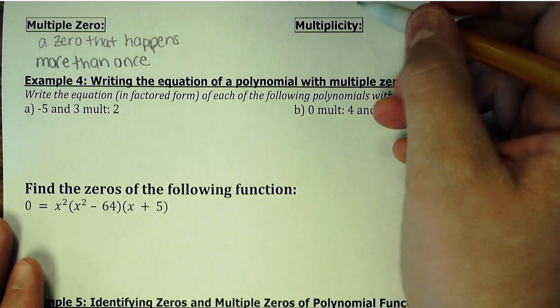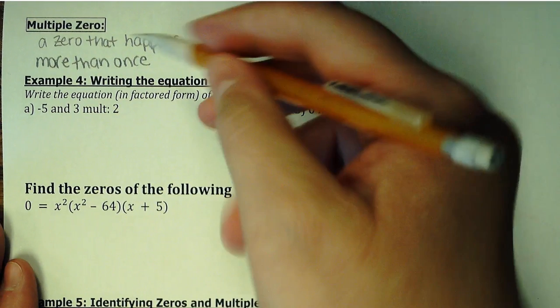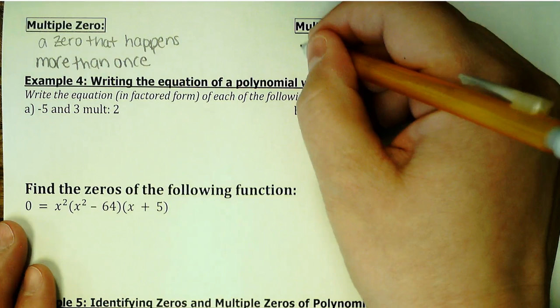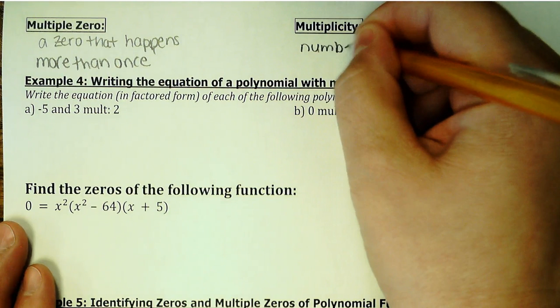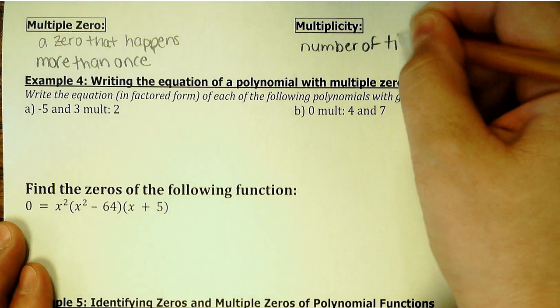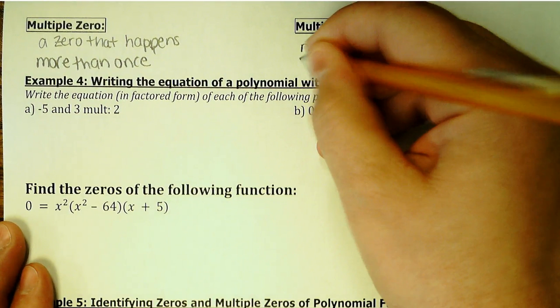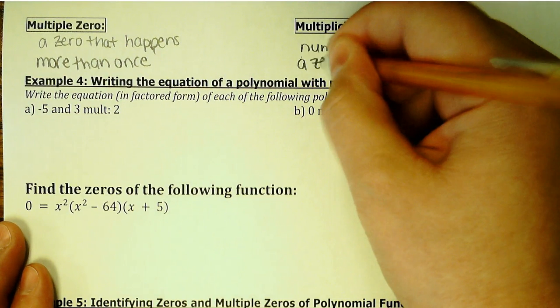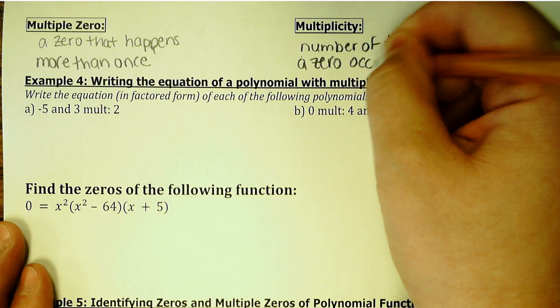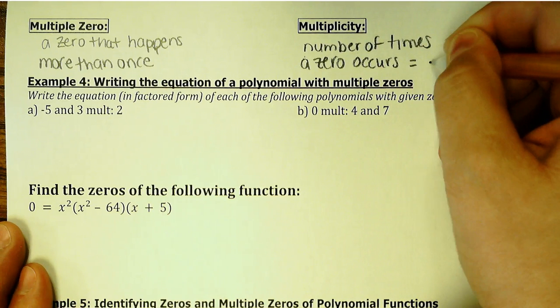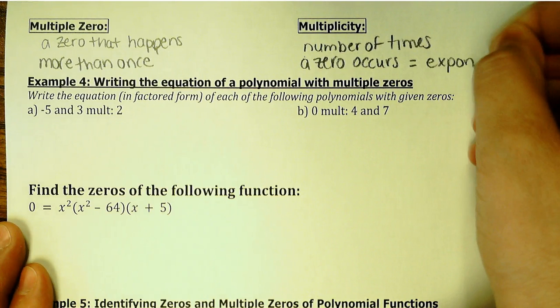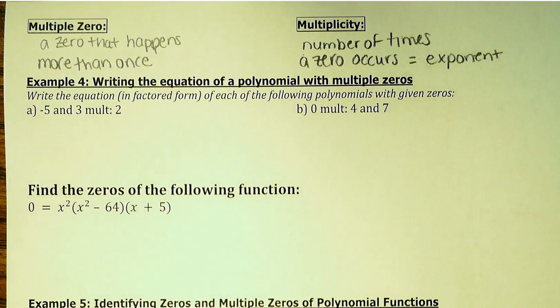And what they call the multiplicity is just the number of times that that 0 occurs. So I'm going to write that: number of times a 0 occurs. And it's always equal to the exponent. And I'm going to explain that with the next example.